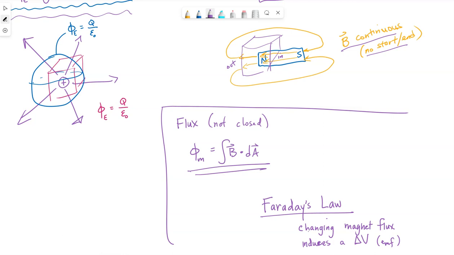If there is a complete path for charges to move through, it induces current. We can get current flowing simply by changing magnetic flux. So I'm going to link to a couple of demonstration videos so that you can kind of see this. And then we'll also talk about the equations that describe Faraday's law.